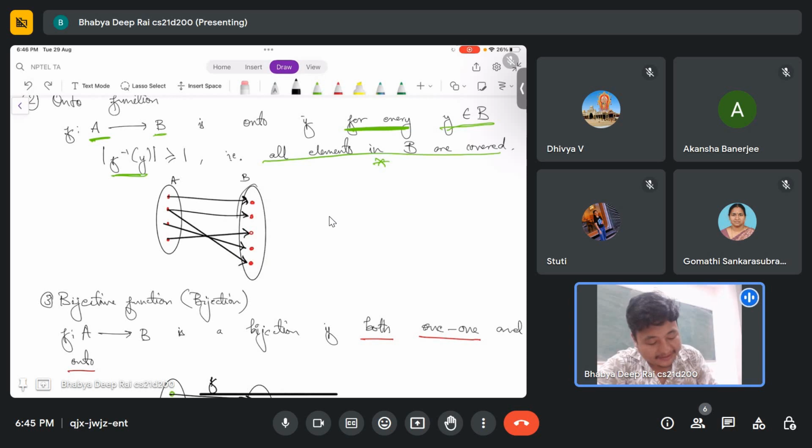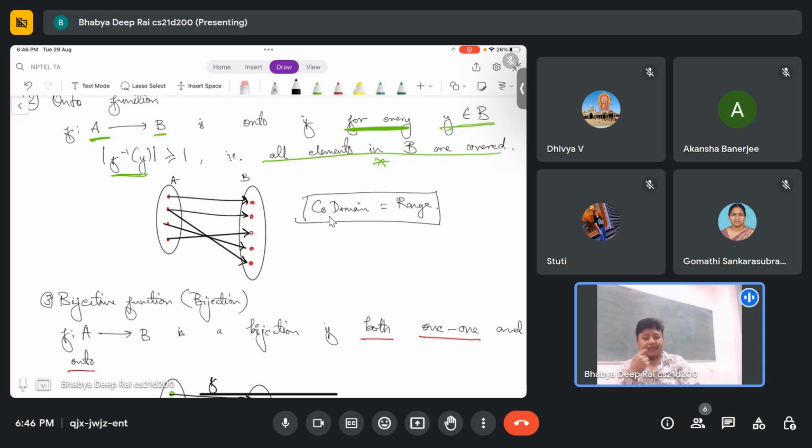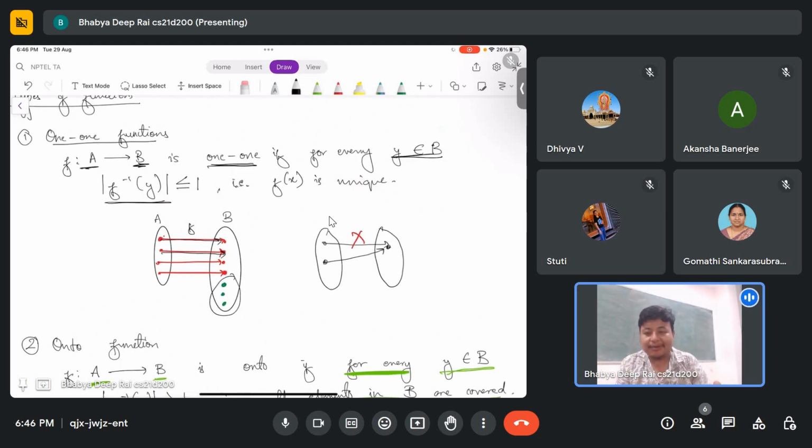But we are simply saying that it gets mapped to all the elements in the codomain. So the codomain is equal to the range. This is when we say a function is onto, everything gets mapped. Recall that it was not the case in the case of 1-1. Everything did not get covered.